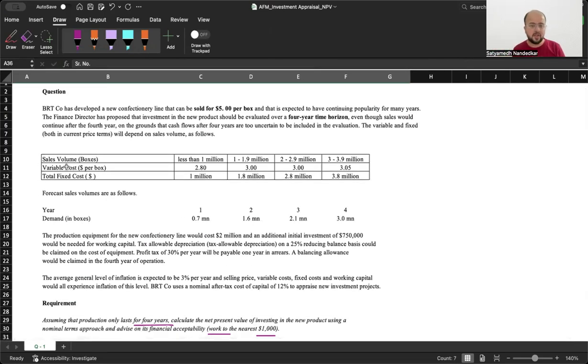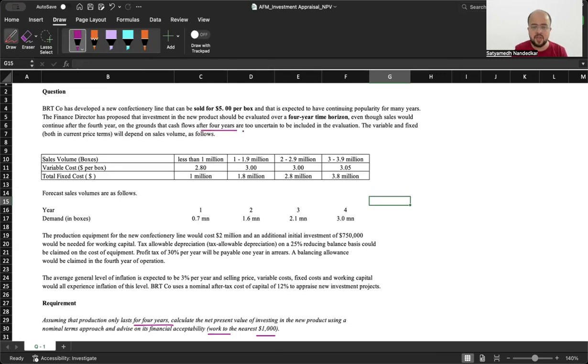BRT company has developed a new confectionery line that can be sold for $5 per box, and that is expected to have continuing popularity for many years. The finance director has proposed that investment in the new product should be evaluated over a 4-year time horizon, even though sales would continue after the 4th year, on the grounds that cash flows after 4 years are too uncertain to be included in the evaluation.